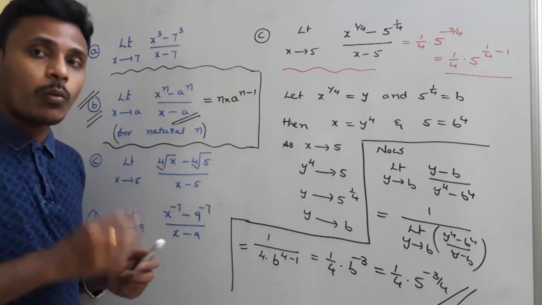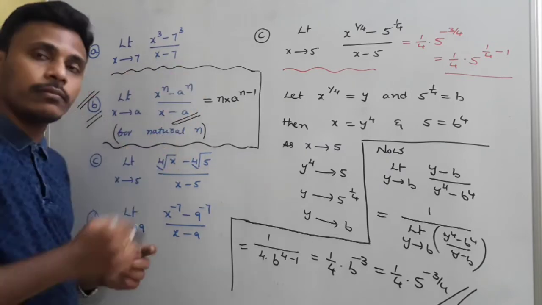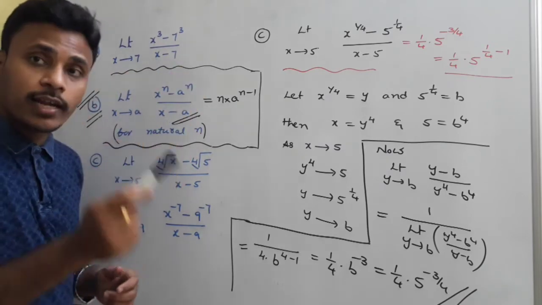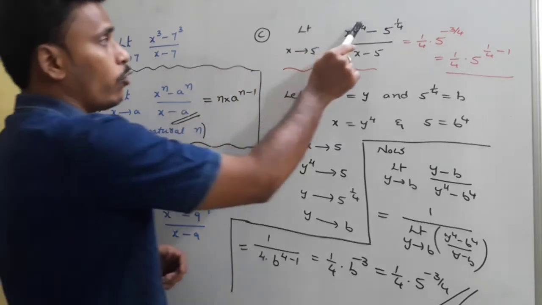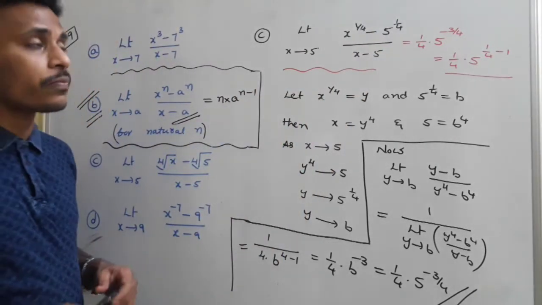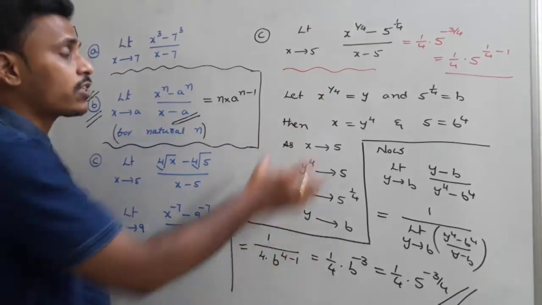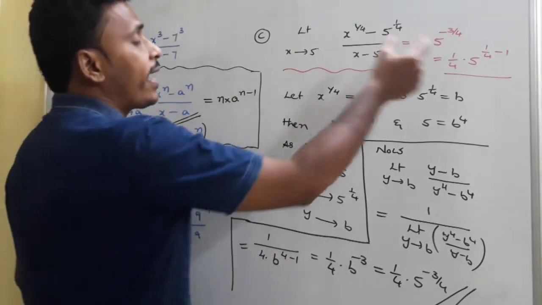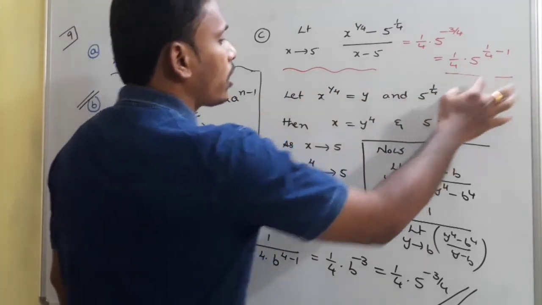But what I did is, I just showed you the general proof for natural n. Whereas if n is a fraction, like this 1 by 4, I just solved the problem instead of giving the proof, and at the end I concluded that the same pattern is acceptable for its answer.